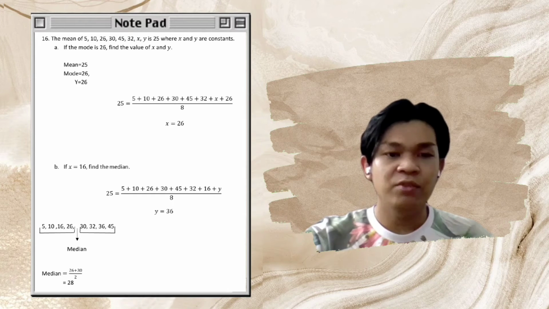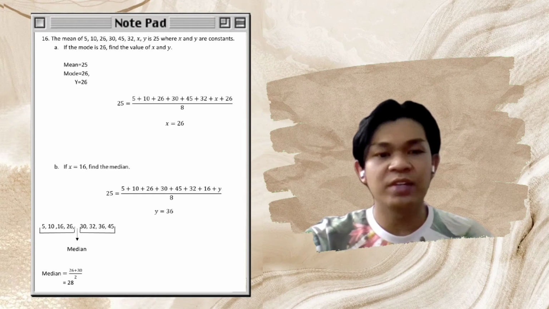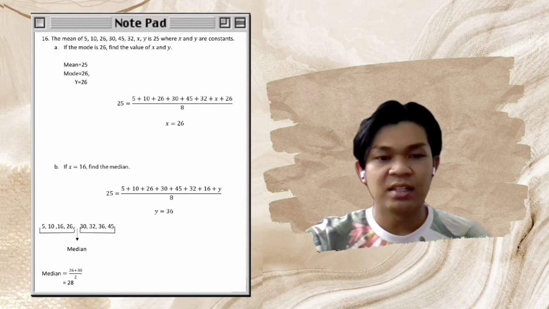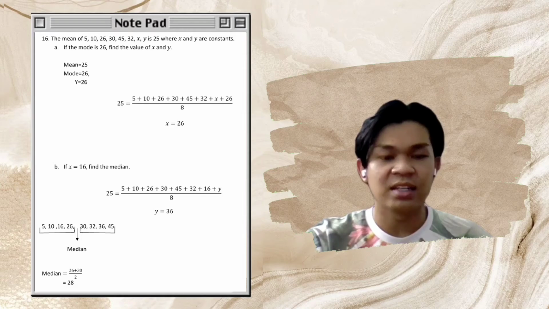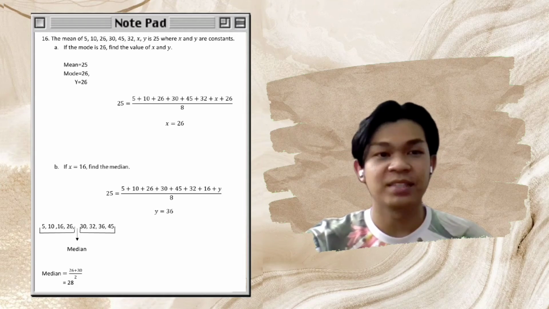To get the median, we must take the value in the middle of the data. The median is between 26 and 30, so we add 26 plus 30 and divide by 2. So we get 28. Okay, that's all from me. Thank you.